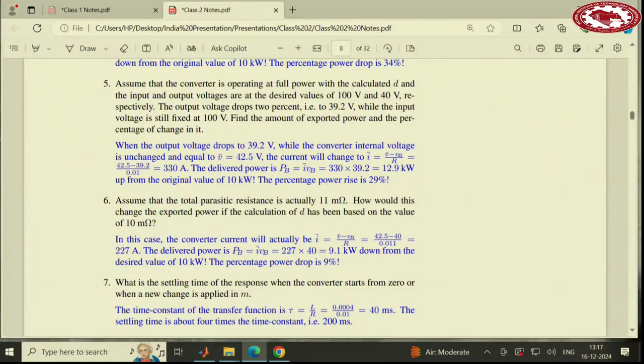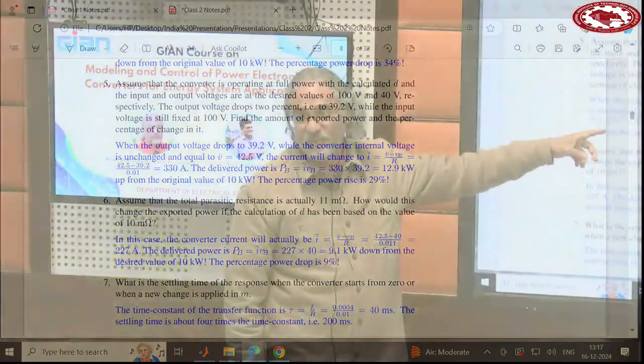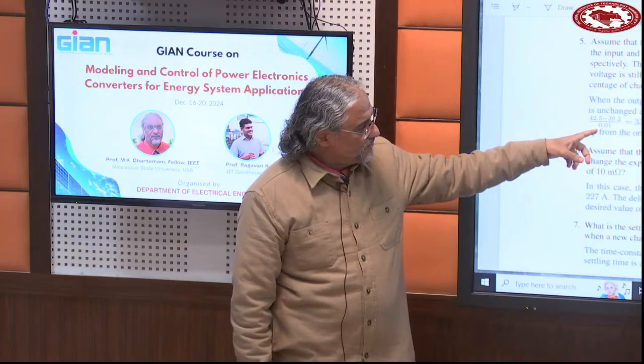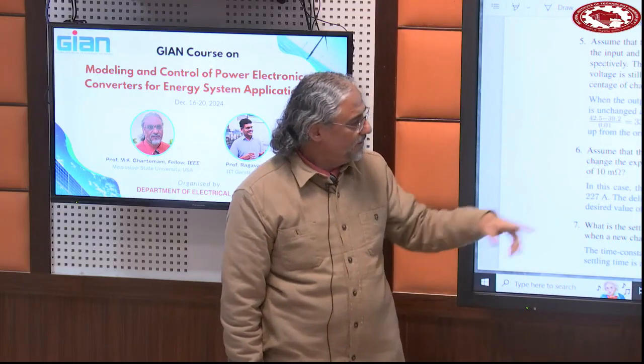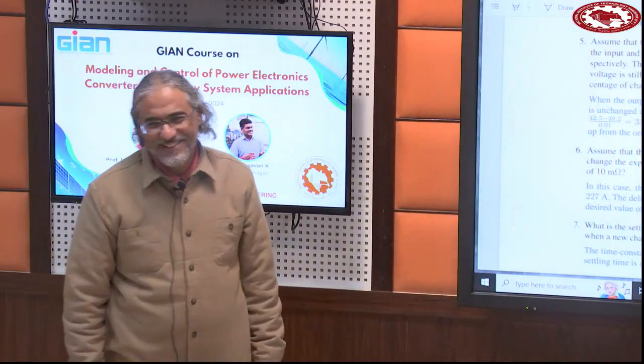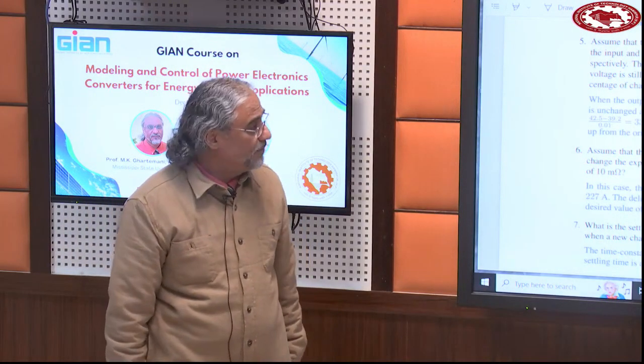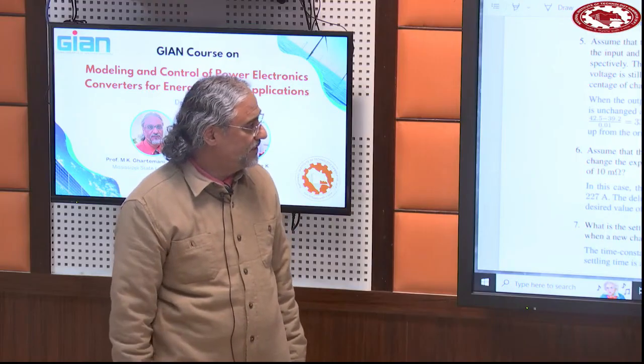Multiply that, so you get 42.5 at the terminals of the diode, minus VB. Now VB is 39.2. Divided by the resistor, 0.01, you will get 330. Yeah. So how much? 80 amperes more than what you expect.